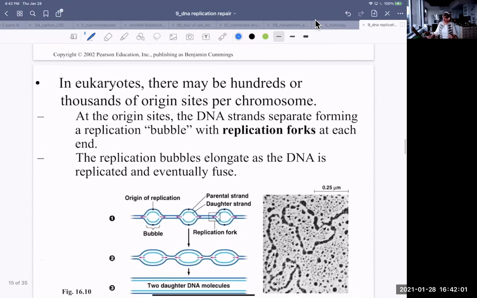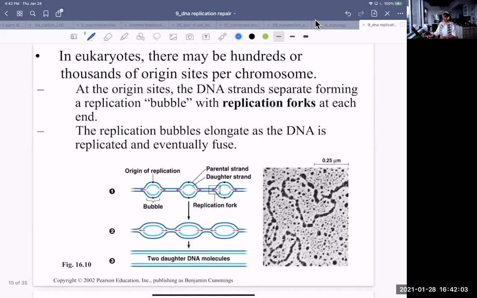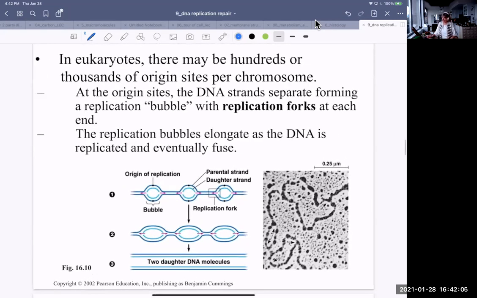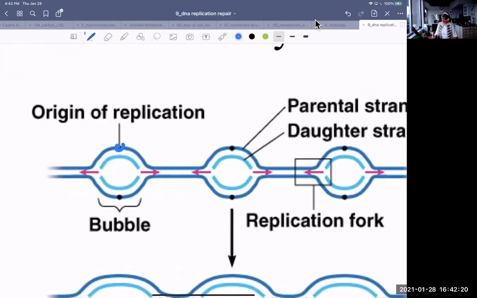However, in eukaryotes, there are hundreds of thousands of origin sites per chromosome because they are so long. So at the origin sites, DNA strands separate, they form a bubble, and there's replication forks at each end of the bubble. So here is the origin of replication.